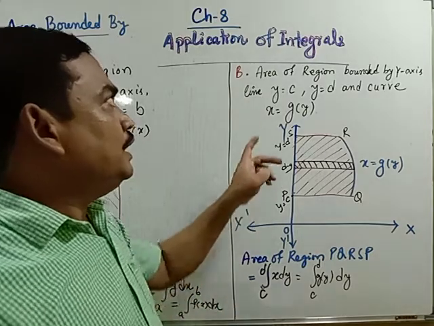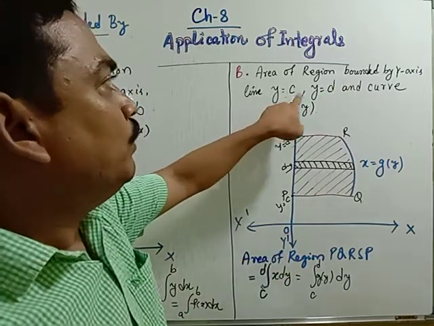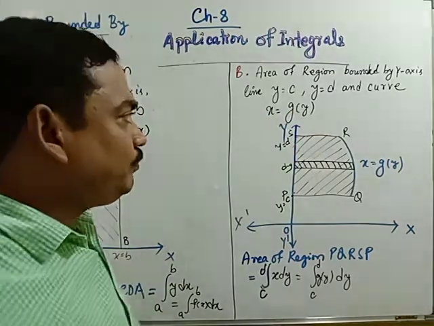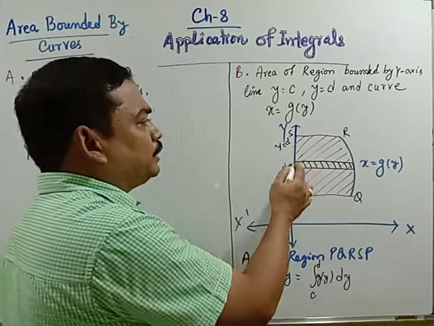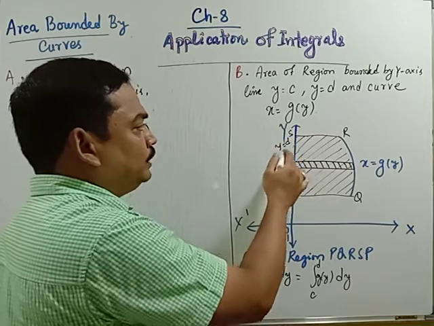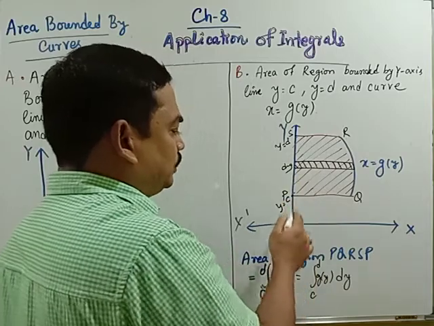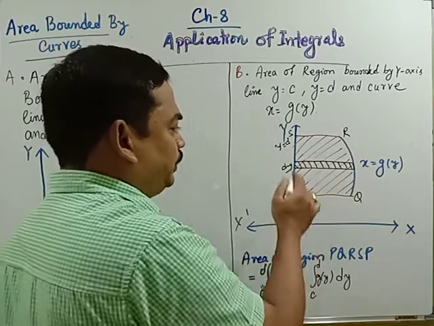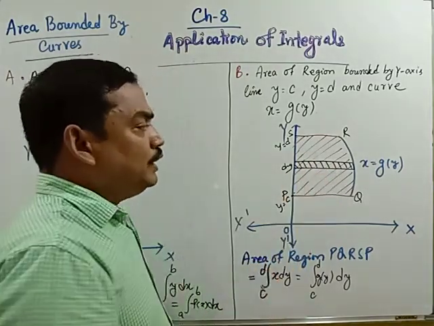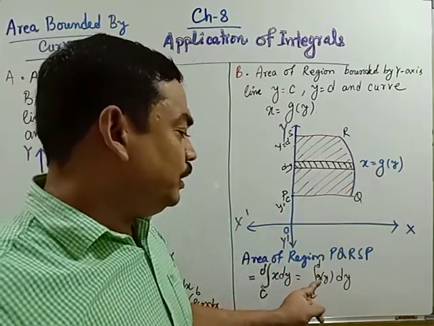Another case: area of the region bounded by the y-axis and the lines y equals c, y equals d, and the curve x equals g of y. In that case it is with respect to the y-axis. If we draw, this is the curve and the limits y equals c and y equals d are here. In this case this area, PQRSP, is the integral from c to d of x dy, because you have to express the function as x equals g of y, that is the integral from c to d of g of y dy.